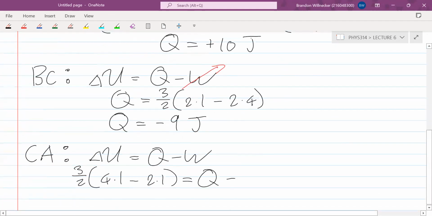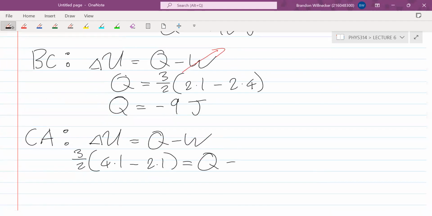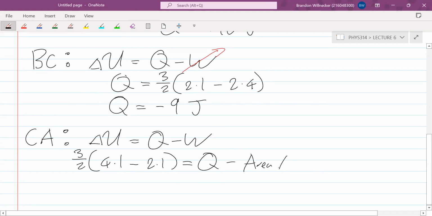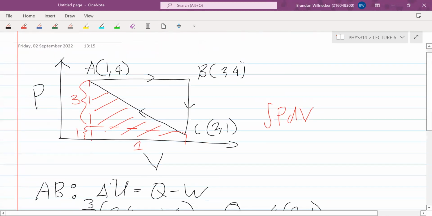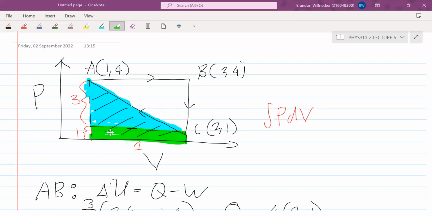If we go back here, the work done is the area of the triangle part plus the area of the rectangle part. If you want to color code it, we can put this triangle part here in blue. It has a base of 1 and a height of 3, and this rectangle part here has a base of 1 because of the 2 minus 1, and a height of 1.